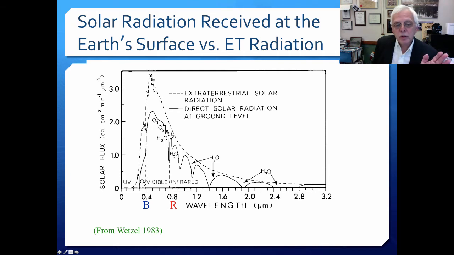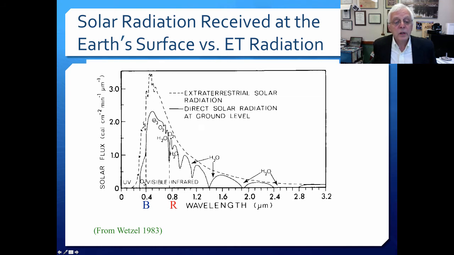This is the extraterrestrial solar radiation, and this solid line shows the amount of energy and its wavelength spectrum received at the Earth's surface. So this is at ground level. And what you see from this graph is that there's quite a lot less radiation at the ground than there is hitting the outer atmosphere.